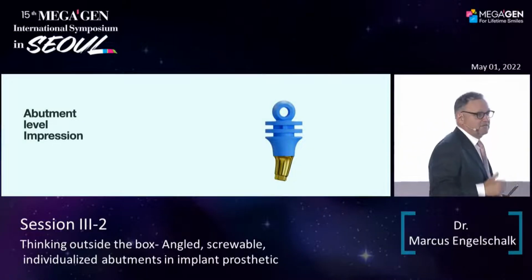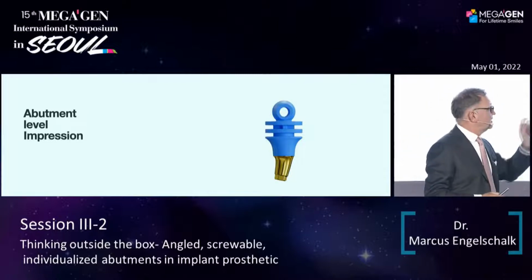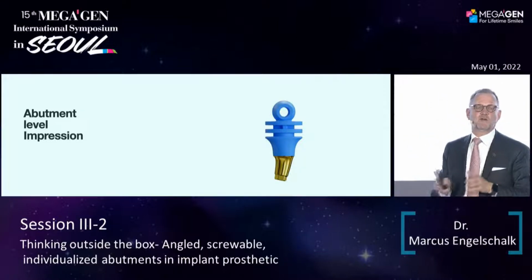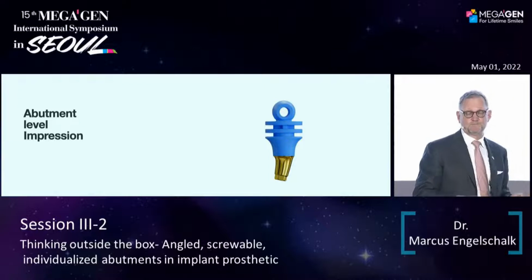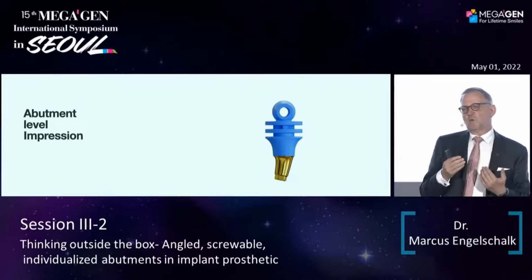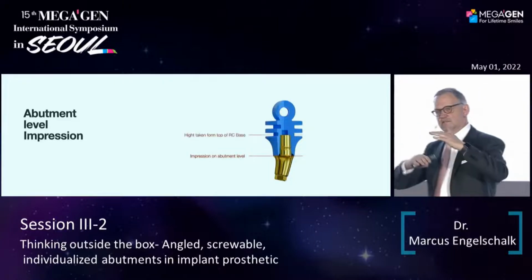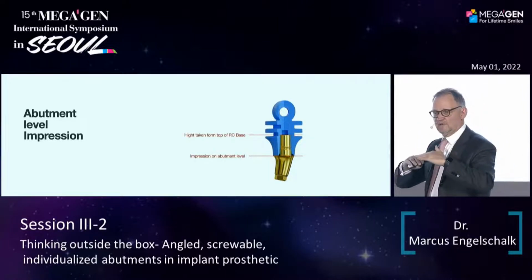The next thing is if you have to do an impression or if you have to do a scan. By the way, this funny thing can be used for impression and scan at the same time. If we have a closer look, the thing is where to scan or where to take the level of the implant or where to do the impression.